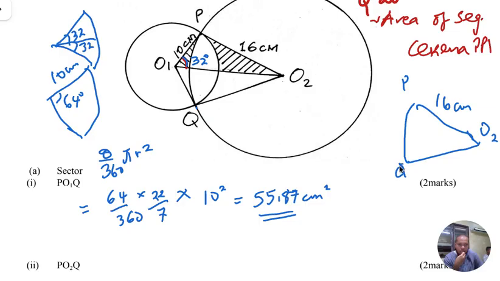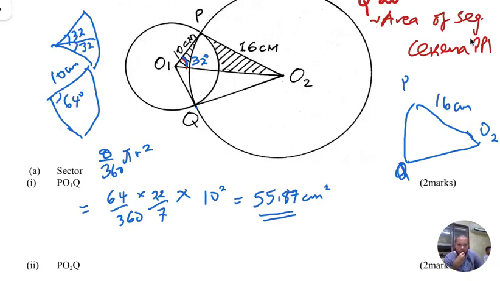Very easy. Kumbuka, if PO2, don't mistake it to be a tangent. Hatujaambiwa kwenye swali kuwa ni tangent, kwa sababu ukitumia as a tangent alafu sema hapa 90 degrees, utakosea, kwa sababu hii angle ni ndogo kuliko hii.